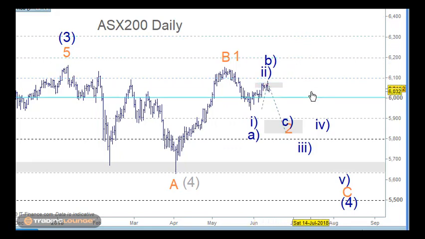As I mentioned before, we're in a bit of a tricky situation here, and we need a little bit of strategy to help us. But on the outset here, the 6,100 as a tested support will be long, and the 6,000 here will be short.